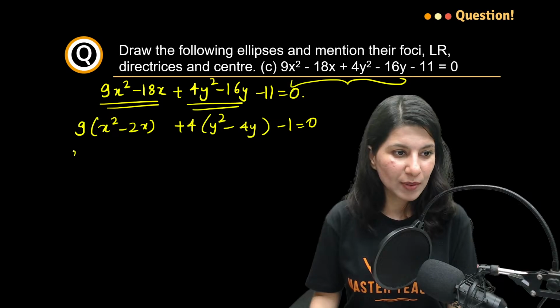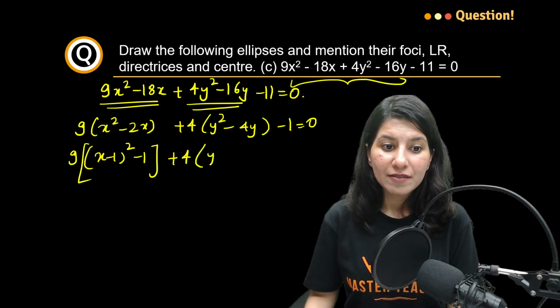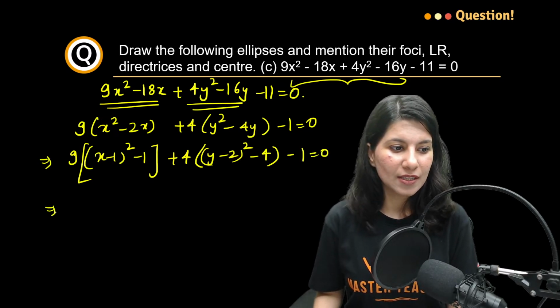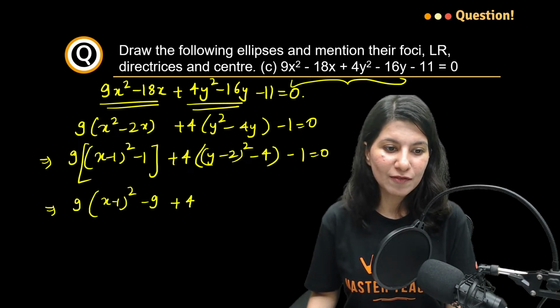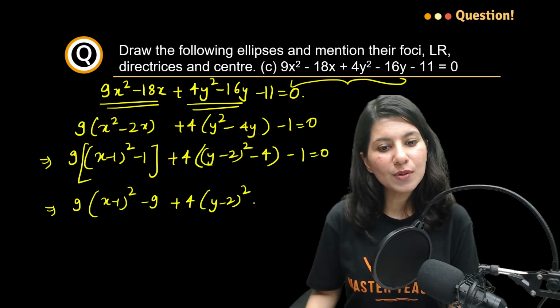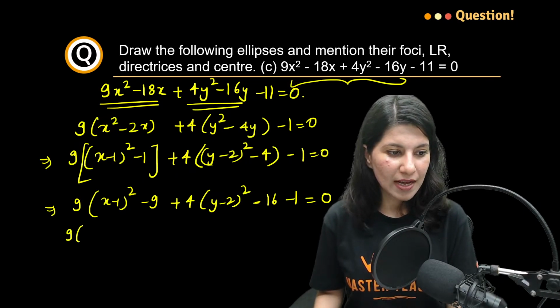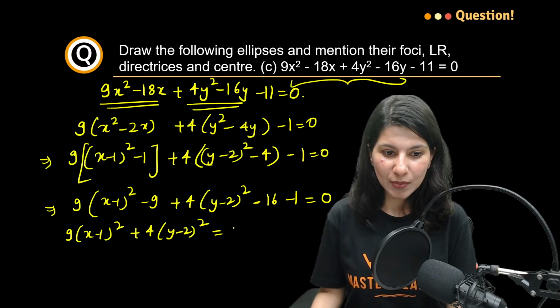Now make perfect squares. 9 (x minus 1) whole square minus 9 plus 4 (y minus 2) whole square minus 16 minus 11 equals 0. So this is going to become 9(x minus 1) whole square plus 4(y minus 2) whole square is equal to, now tell me, 26, is it?